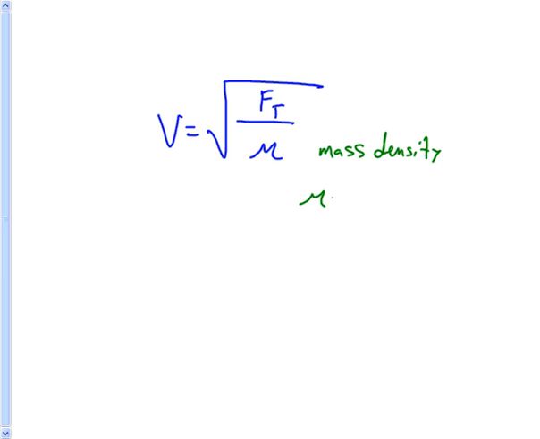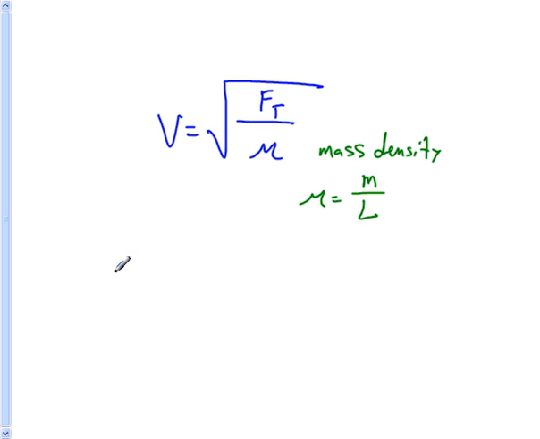So this mu is equal to mass divided by length. So if it's a heavier string or a more dense string, it has a higher mass for any given length, that's going to slow you down. But if it's under a great tension, then the tension might be able to speed you up. So this is just qualitatively knowing what goes into the speed of the wave. You'll be tested over that. There might be a bonus question over that particular formula on the test.